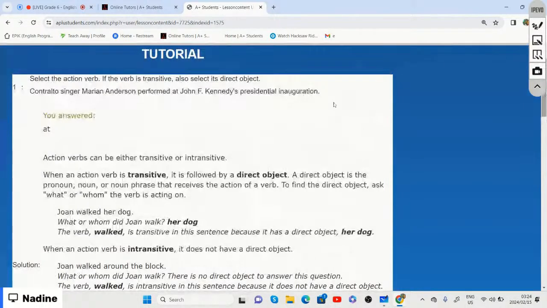All right, let's do an activity. It says select the action verb. If the verb is transitive, also select the direct object, right?